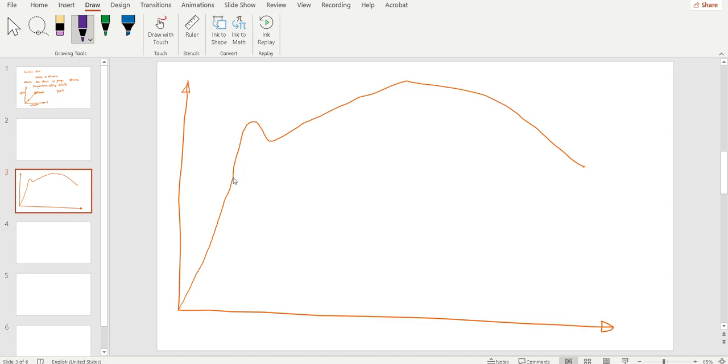That means up to this point the stress is proportional to strain. This is called the linear elastic region.